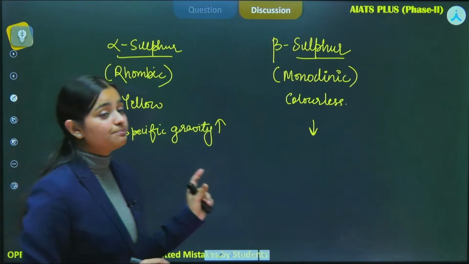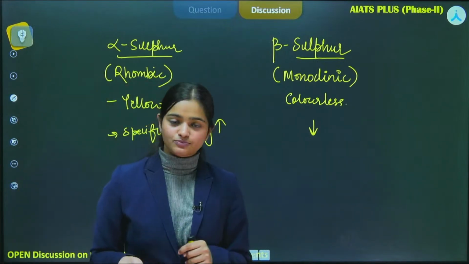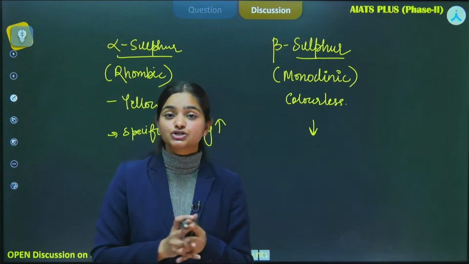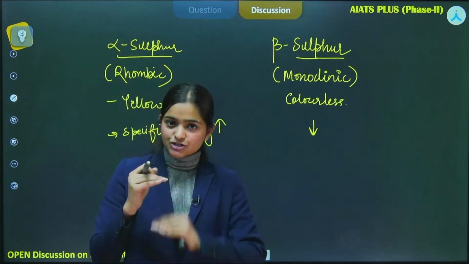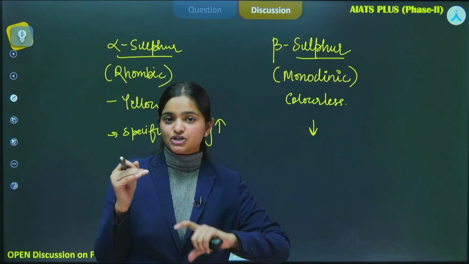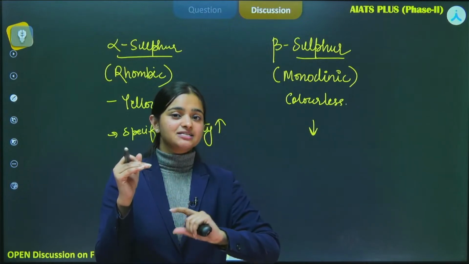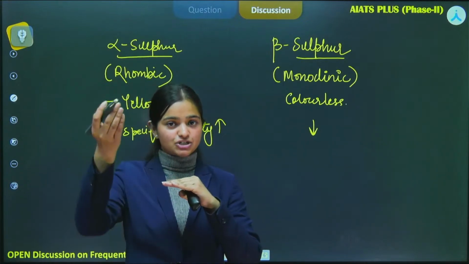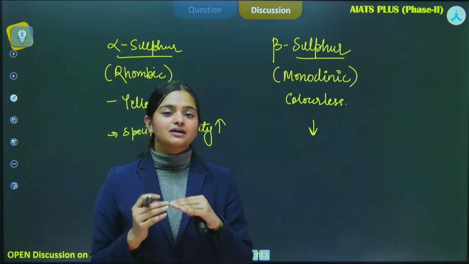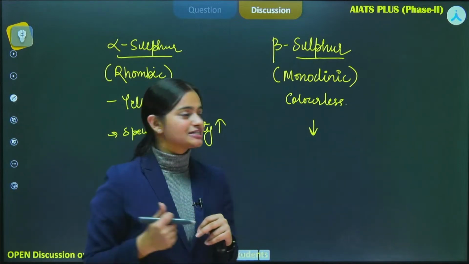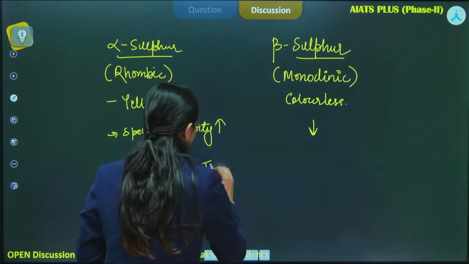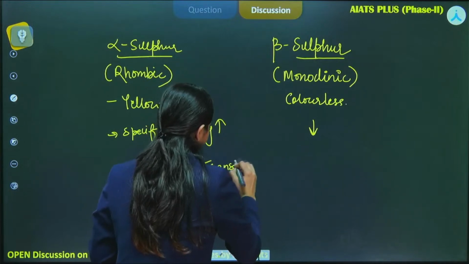Now there is a very peculiar thing in terms of allotropes of sulfur, that is the transition temperature. Below this transition temperature, a particular form of sulfur exists, and above this transition temperature, another form of allotrope of sulfur exists. Let's just see that.